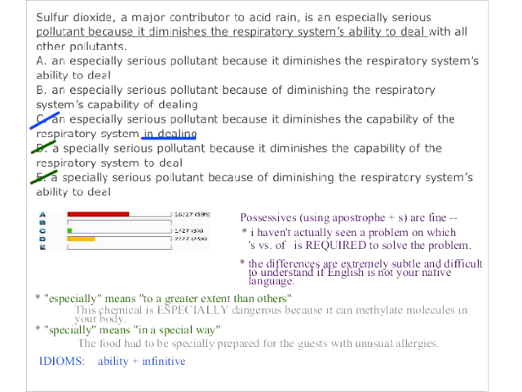Because of diminishing doesn't work; this is not an okay idiom. You can't say because of verbing. That's always incorrect. You can put that in your book if you want to. Because of verbing is incorrect. That leaves us with A.